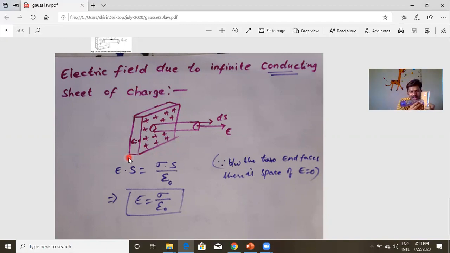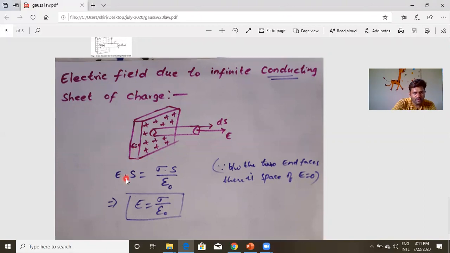We are considering the cylinder only on this side, because there is a discontinuity between this side and this side. Electric field lines will not come from the other side to this side. Electric flux means electric field lines coming out of the surface. From this side, electric field lines will go radially outward, but between these two points we have a discontinuity with E equal to 0. So there is no need of a second face.